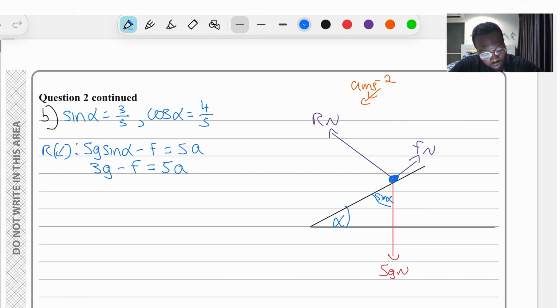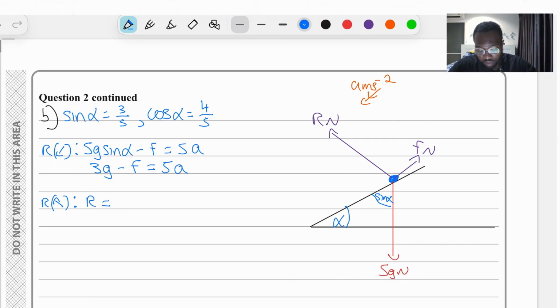Now we're going to resolve in the same direction as the normal reaction. We don't have any motion in that direction. It's perpendicular to the direction of motion, therefore we can treat it like an equilibrium in that direction. So we have R, and what would that equal?